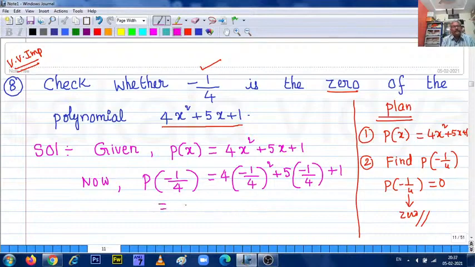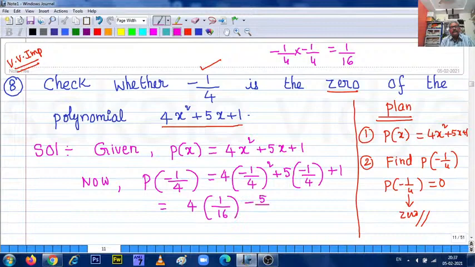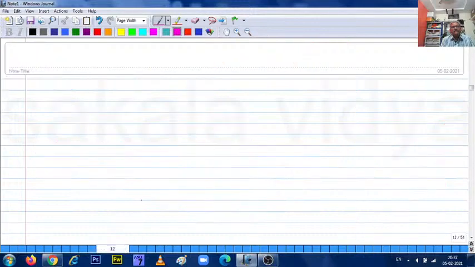Now 4 times minus 1 by 4 whole square means minus 1 by 4 into minus 1 by 4. This is 1 by 16. So we can write 1 by 16, this is minus 5 by 4 plus 1. 4 ones are 4, 4 fours are 16. So we have 1 by 4 minus 5 by 4 plus 1.